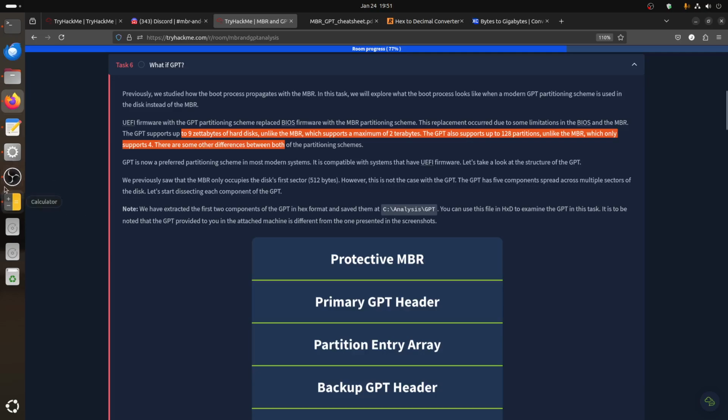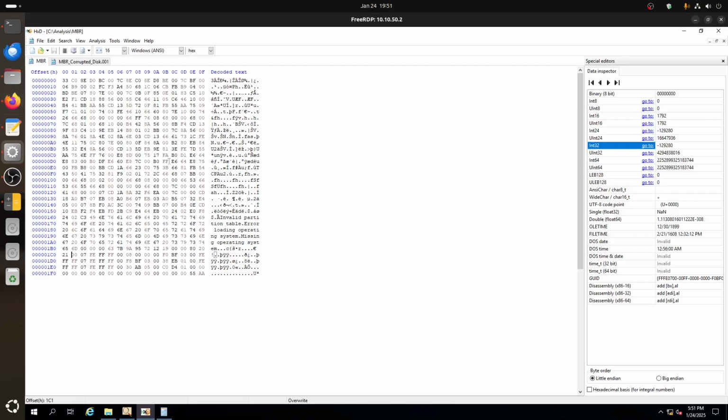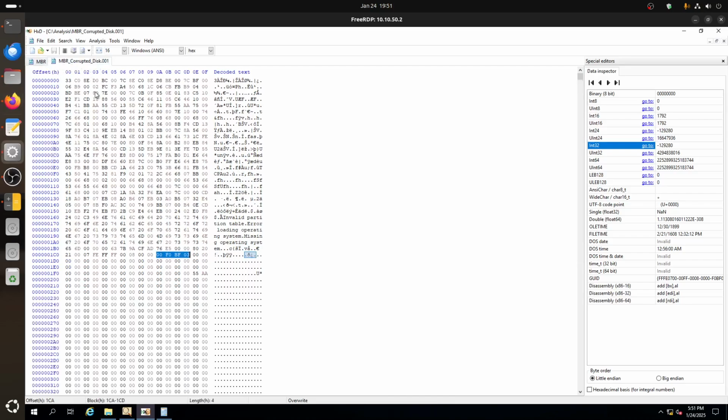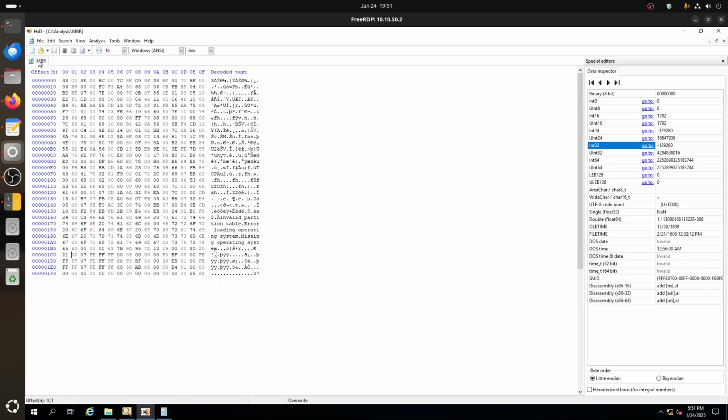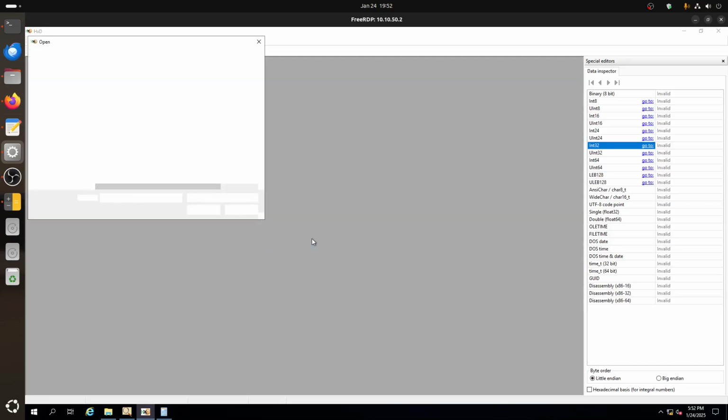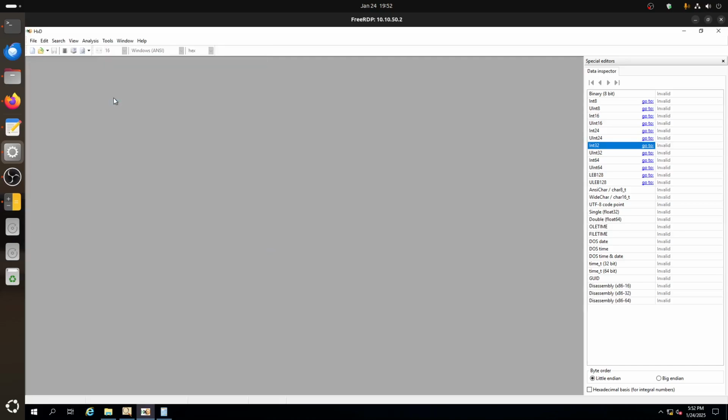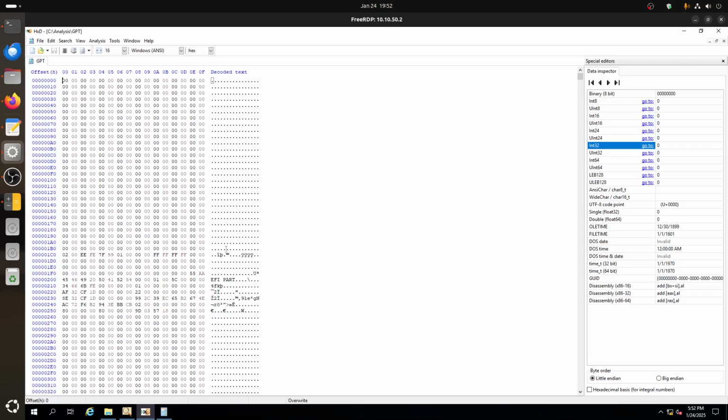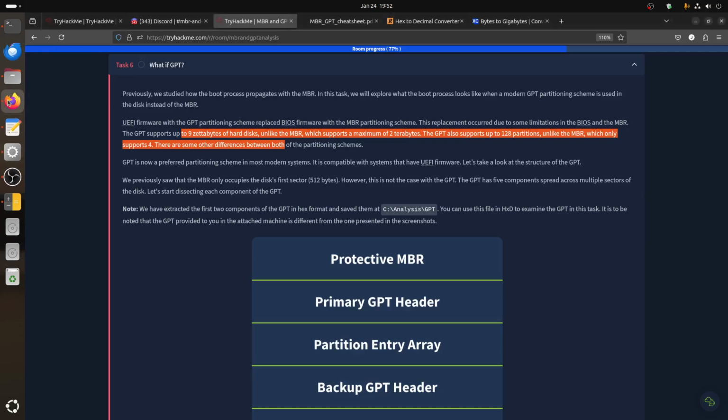Now if we open, let's close this one so we don't slow the machine. Close. So if we open the GPT, the first part you can see is all zeros, then there's something there, and then you go down, another thing, another thing. Let's see if I remember quickly what was there.